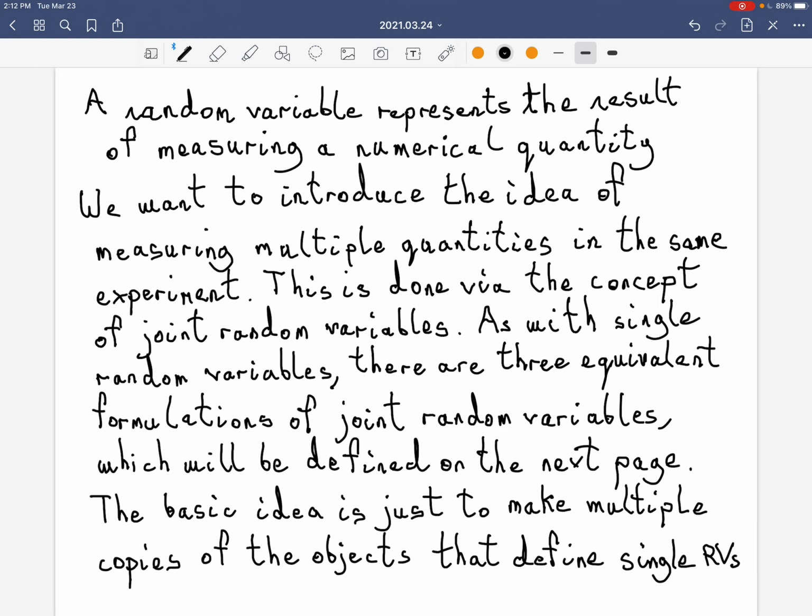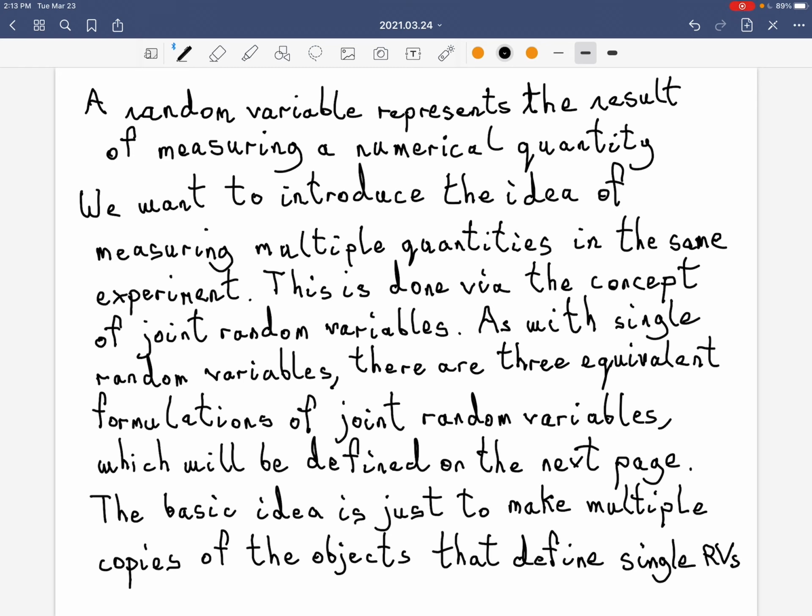Monday. Okay, so as we have been discussing, random variables represent the result of measuring numerical quantities in any kind of context you want to interpret that. All you need is a number that you've generated somehow and you feel you're interested in.